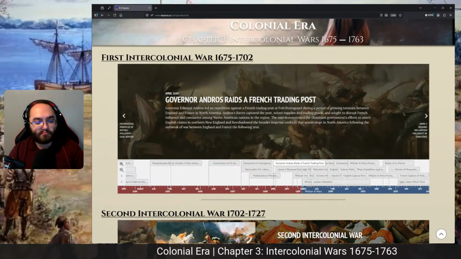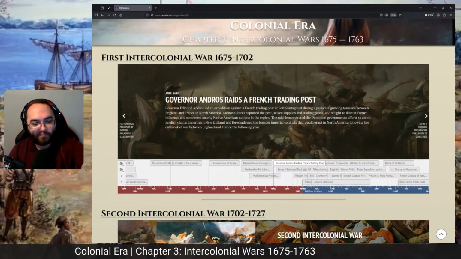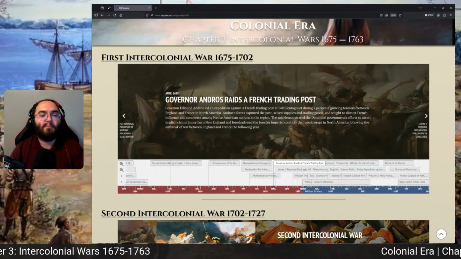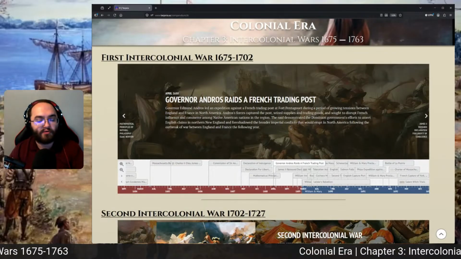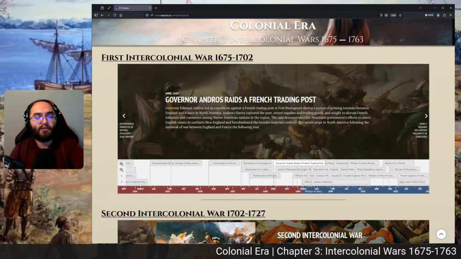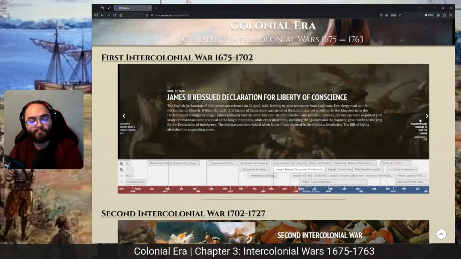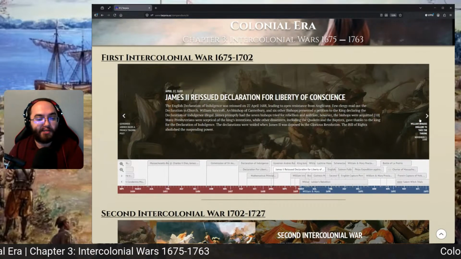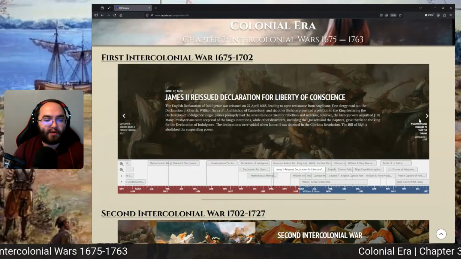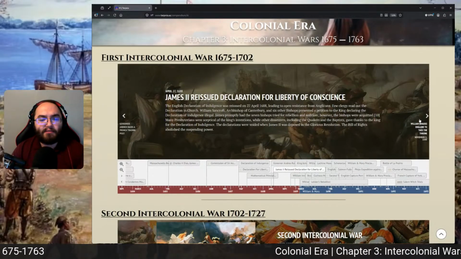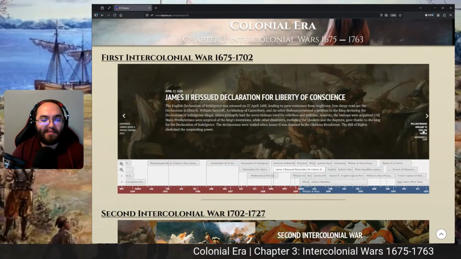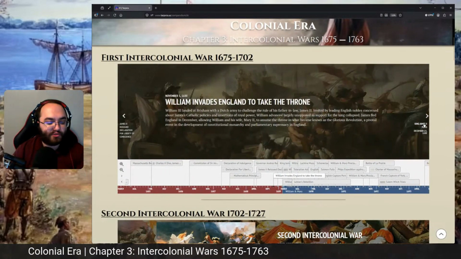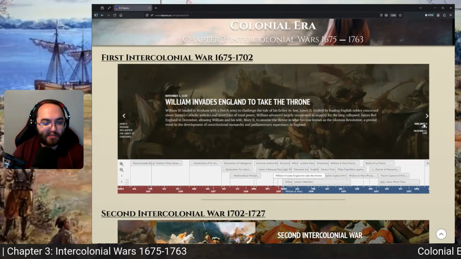And so the setup for King William's War, which is pretty much a New England conflict between French colonists and English colonists, is beginning under James II. James II will reissue the Declaration for Liberty of Conscience, leading to open resistance from the Anglicans, which again will lead to the Glorious Revolution.